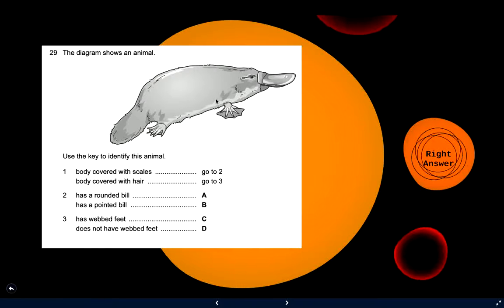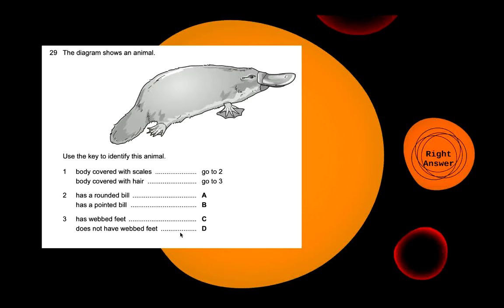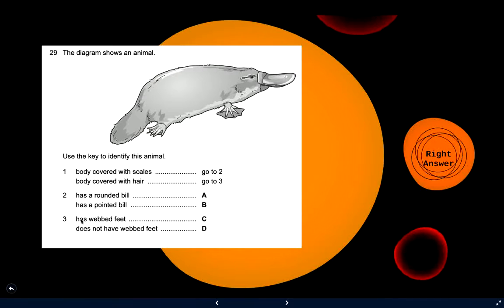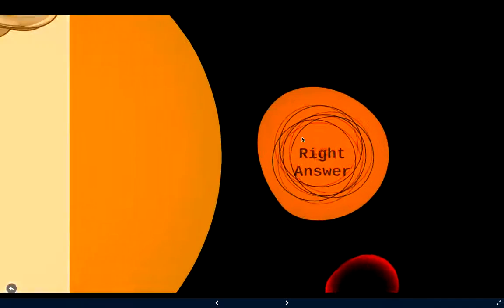Now, if you're going to use the statements in here, body covered with scales, body covered with hair, the answer is body covered with hair. So we go to 3. Has webbed feet, does not have webbed feet. So the answer to that will be letter C, because it has webbed feet, like a duck's feet. So the answer is C, has webbed feet.